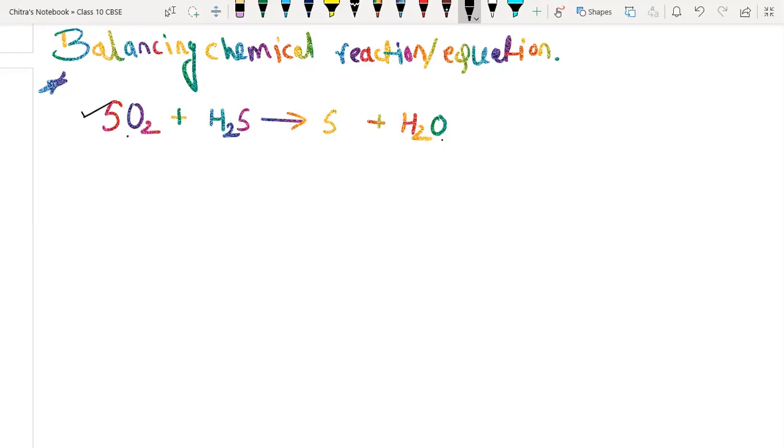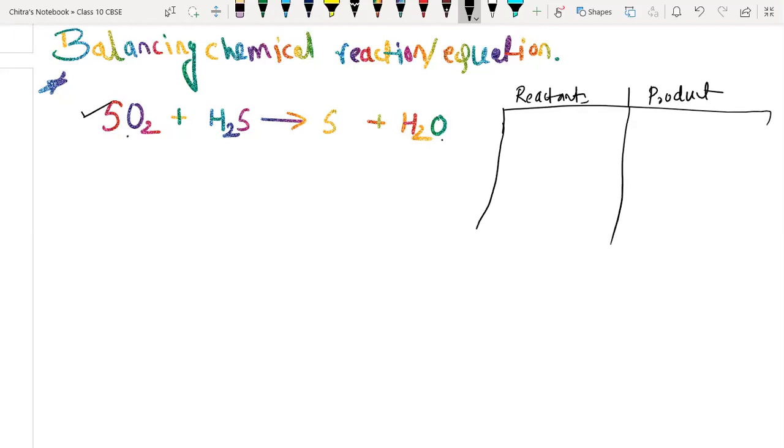So I am making one table and dividing it into two parts. One is for reactant and another is for product. And here I am going to write all the elements one by one.